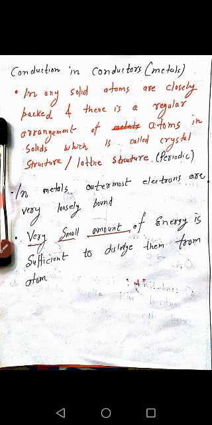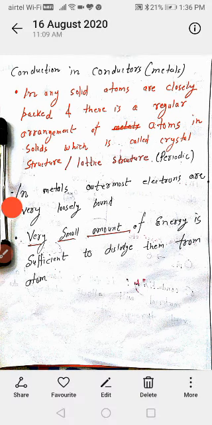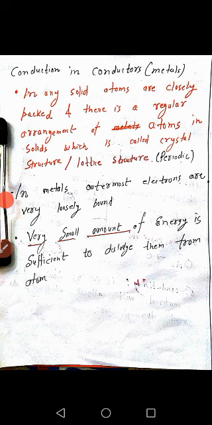One more thing I would like to mention here: whatever basics are necessary, I will discuss them, so you should not bother about the basics of chemistry. If you want to know more about crystal and lattice structure, you should refer to a basic chemistry book, but whatever information I am providing here is sufficient for learning semiconductors.